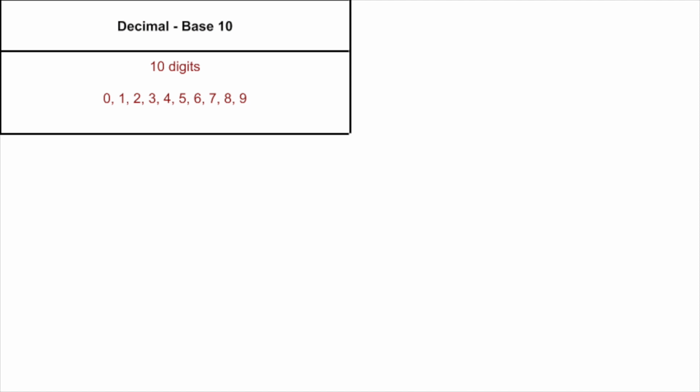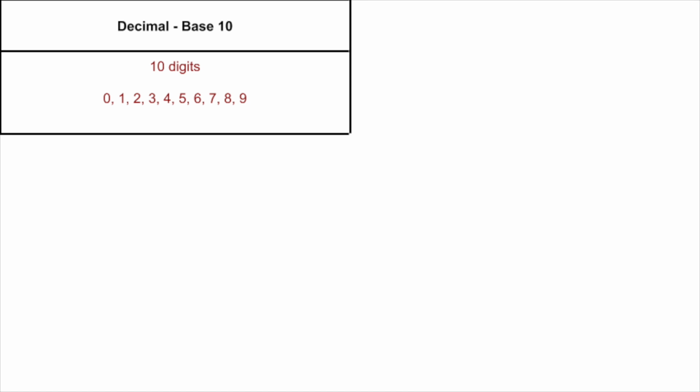So, first of all, binary is a number system very similar to decimal, the number system we use every day, and decimal, as the name implies, has 10 digits: 0, 1, 2, 3, 4, 5, 6, 7, 8, and 9.